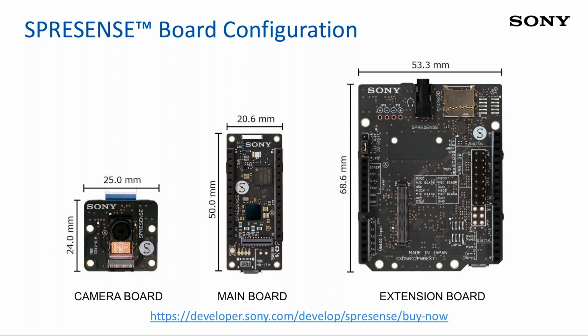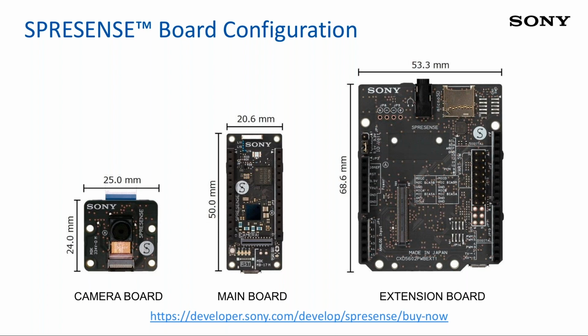If you are interested to learn more about how you can find these boards and how you can order, please use the link that I have provided here. And of course, on our Spresense website, you can get even more information, details and specs about each of these boards.